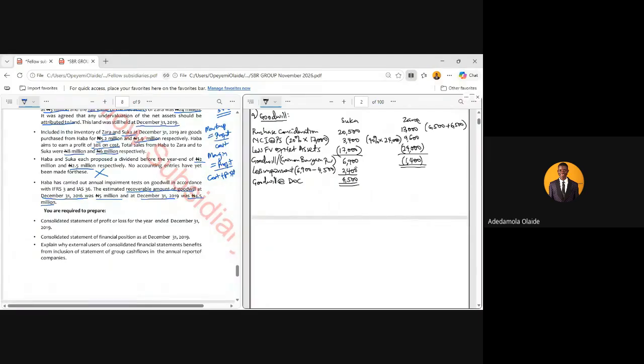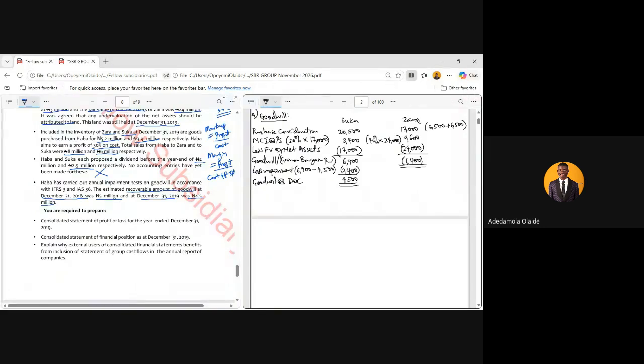Now, someone might be wondering, what's the essence of this 5 million they gave us? This 2,400 is the totality of the impairment that has occurred on goodwill from the date of acquisition to the date of consolidation. But what we'll be reporting in our statement of profit or loss is only what transpired during the year.